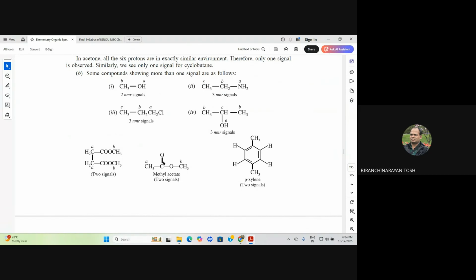This carbon is attached to carbon, but this carbon is attached to oxygen. So two environments, so two signals. And here these four protons are one type because this carbon is attached to methyl and another carbon. This carbon is attached to methyl and another carbon. So these four protons are one type and these methyl protons are another type. So we'll get two signals.